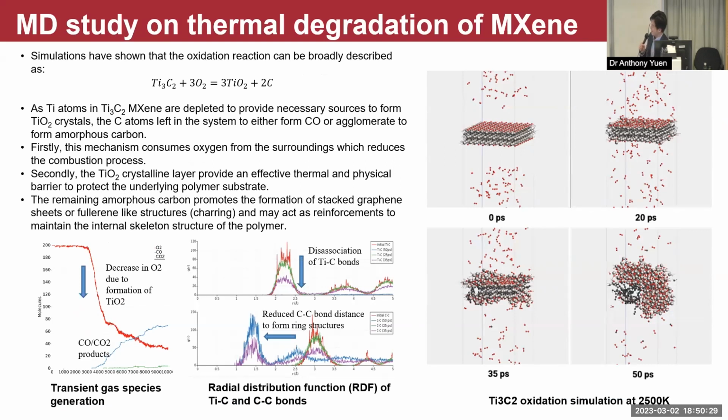So I would say it is very difficult because MD is always driven by the reactive force field. And as of to date, there's no very workable force field for titanium, because MXene is heavily based on titanium, and the reactive force field for titanium is not that reliable at the moment.